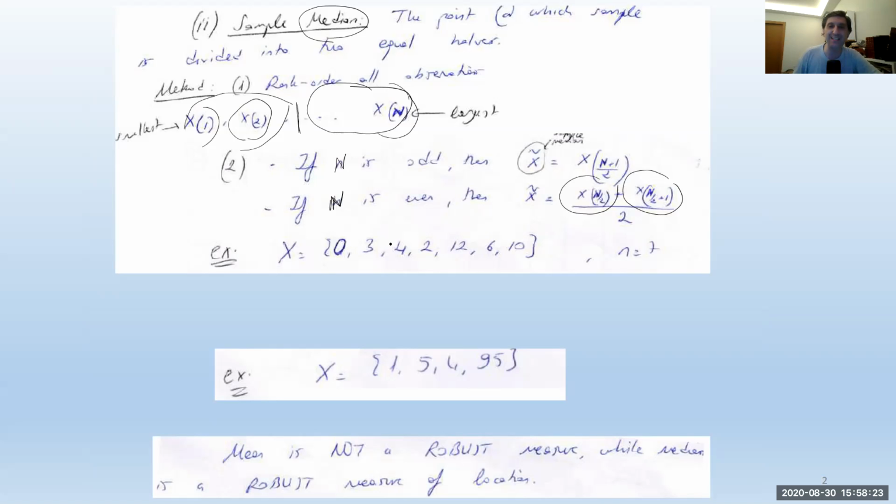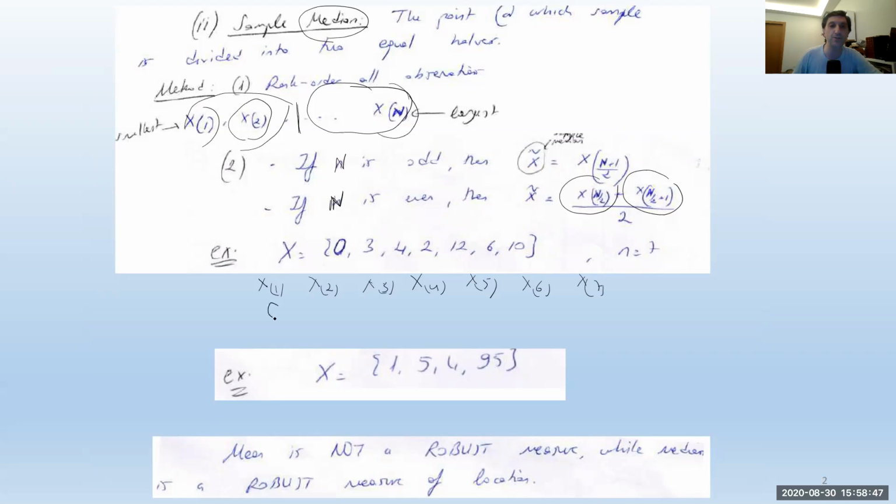For instance, if these are our observations, then we are going to rank order them. Rank ordering is usually written in this fashion: you use a subscript and a parenthesis, like that. Since we have 7 observations here, we are going to have 7 rank ordered observations.